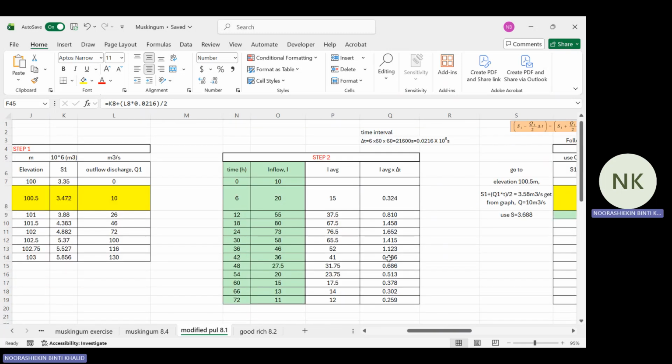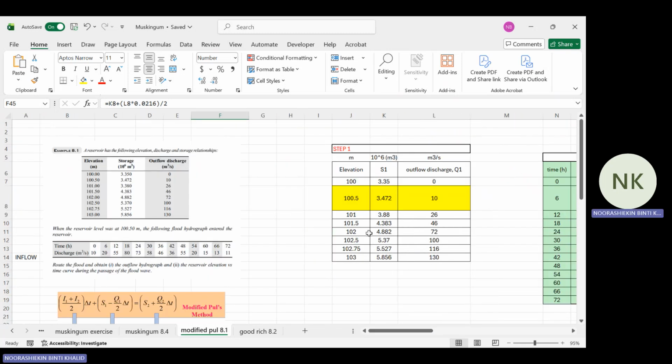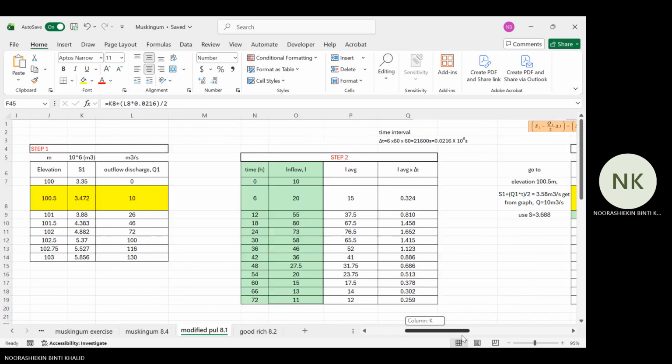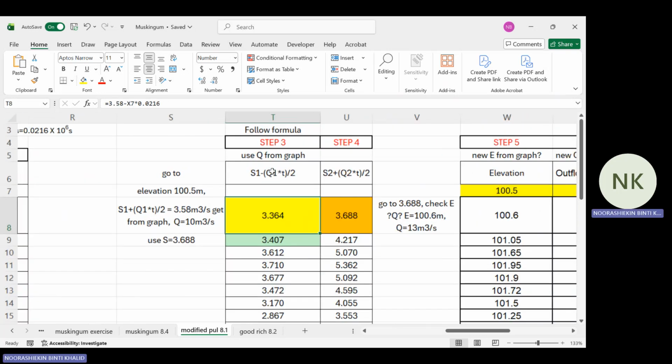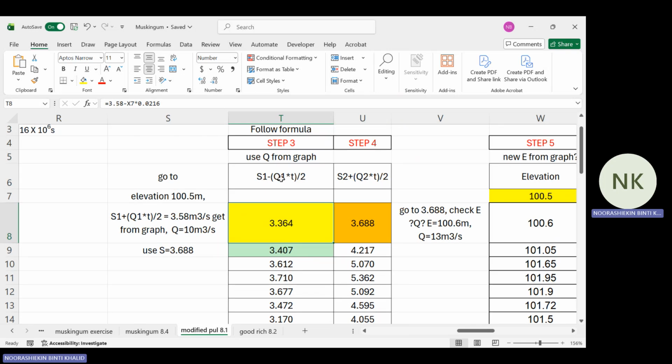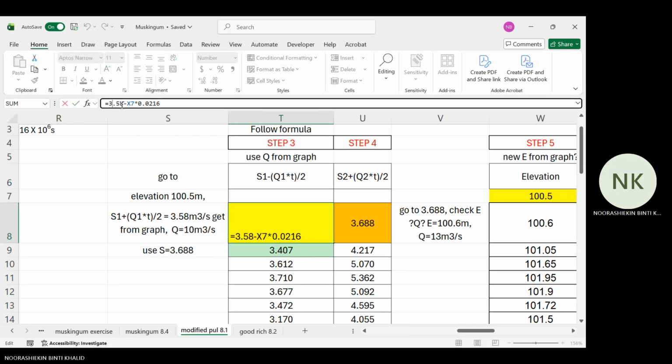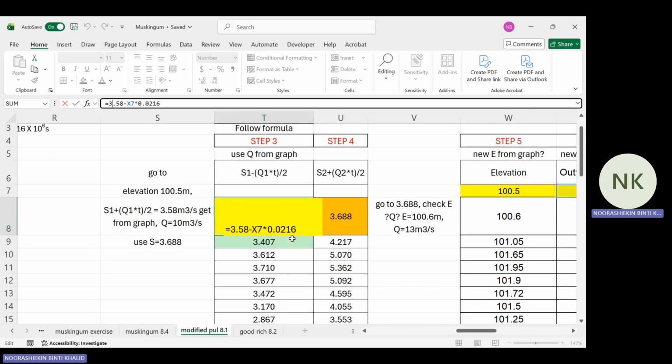So I got this one, 3.5. So I put 3.5 for this graph, S minus Q. So S, I use 3.5058 minus X7. X7 is here.